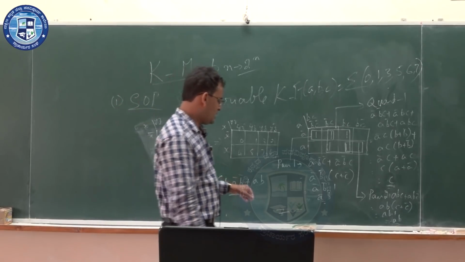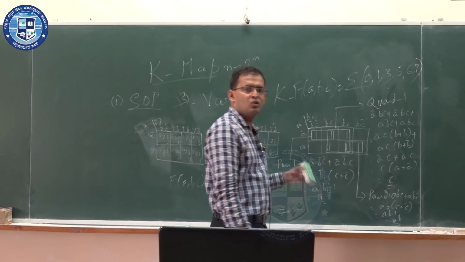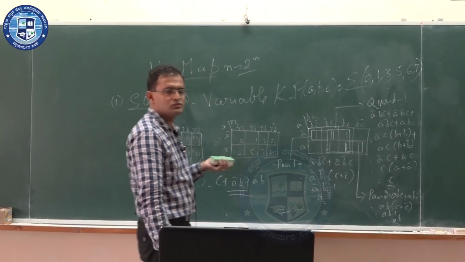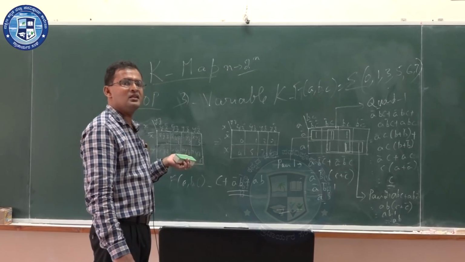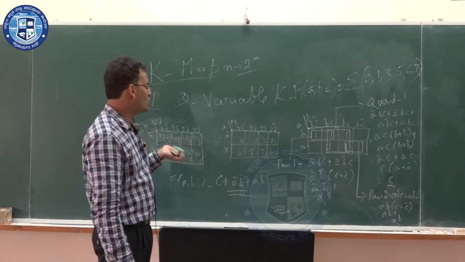Now, 4 variable, how many combinations? 2 to the power of 4. Almost 16, 0 to 15, 16 combinations.